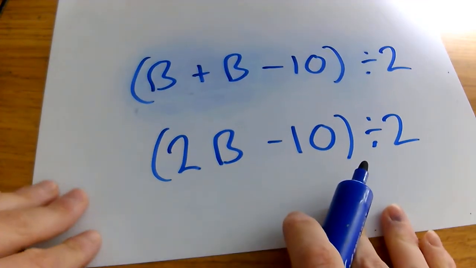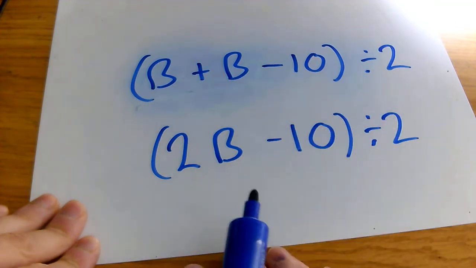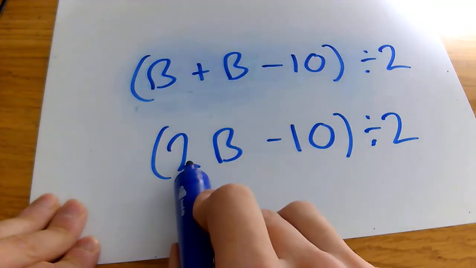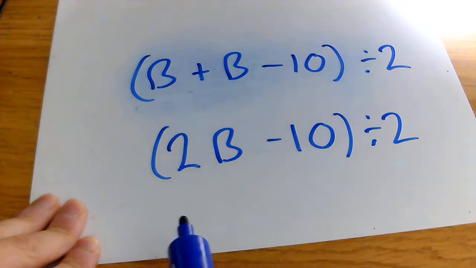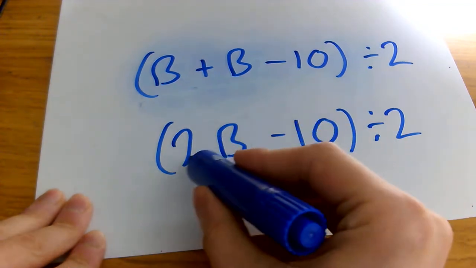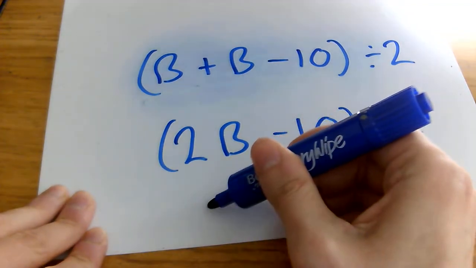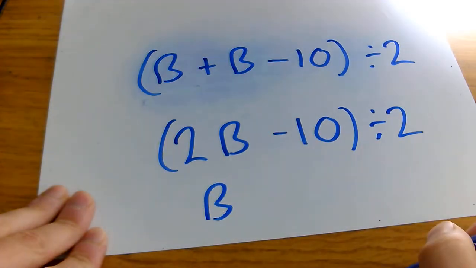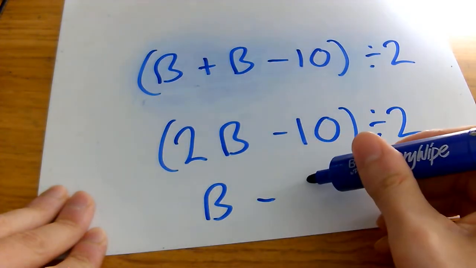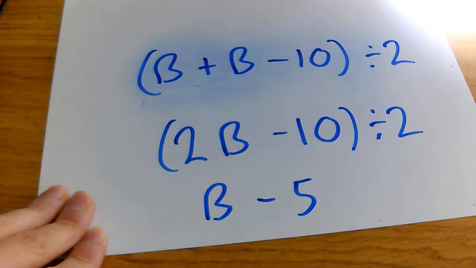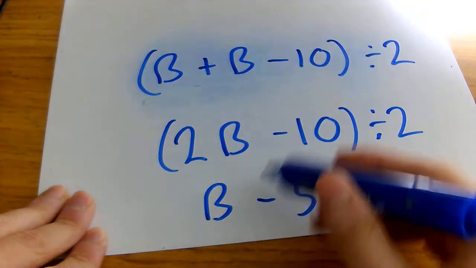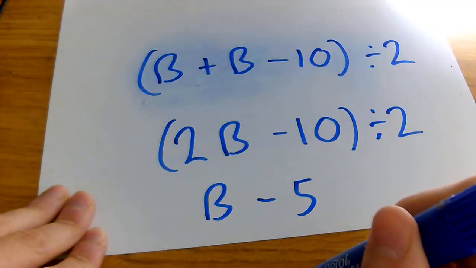And actually I can do some simplification here as well. It's a little bit like when we were expanding brackets last time. We can divide this by 2 and divide this by 2, both of these things together. Well, 2b divided by 2 would just be 1b, and then subtract 10 divided by 2 will become subtract 5. So that is a simplified version of the thing we had originally.